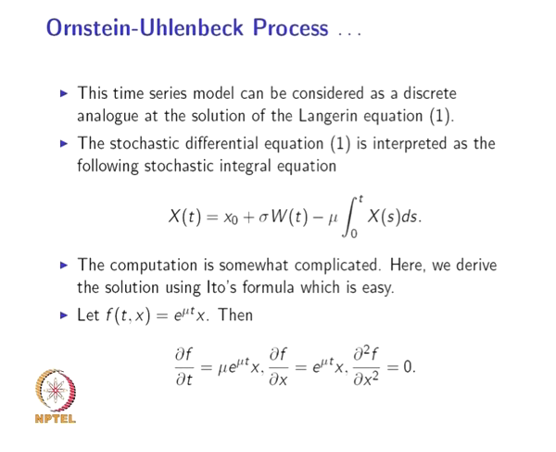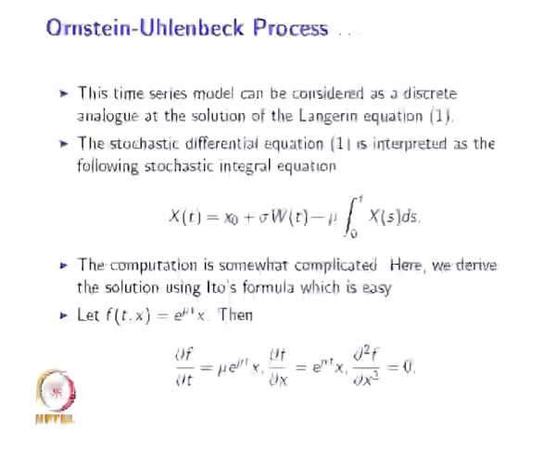So this time series model can be considered as a discrete analog of the solution of the same equation 1. So you can develop the time series model by discretizing the above stochastic differential equation also.